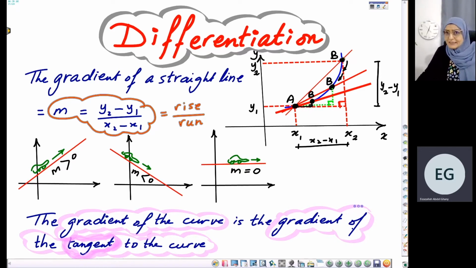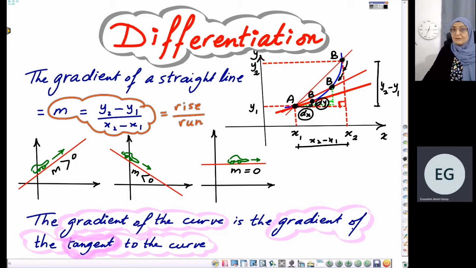It is so tiny that the distance on the horizontal, we don't call it x2 minus x1, we call it dx. And the vertical distance, the difference in y's, y2 minus y1, is so tiny, so we call it dy.